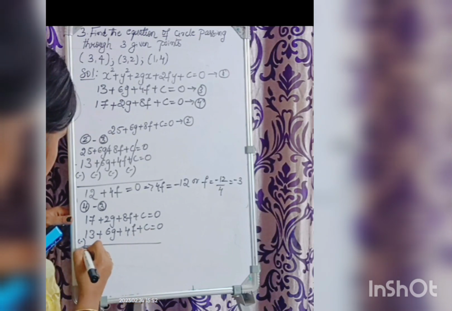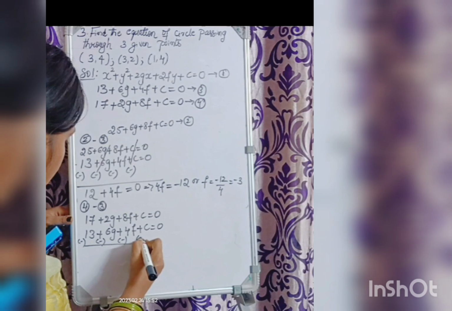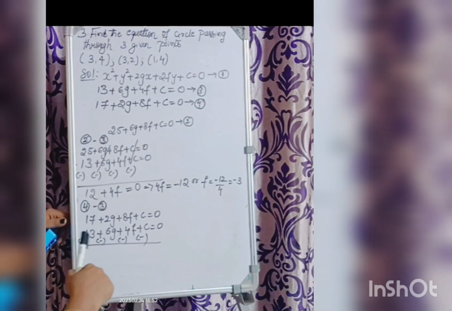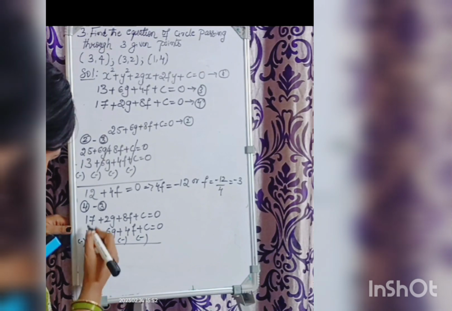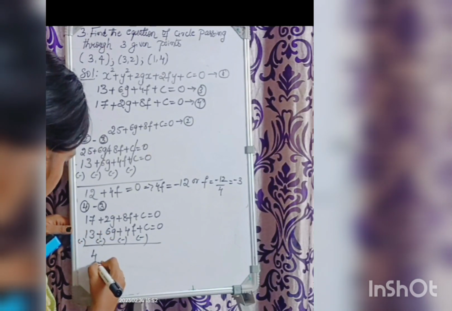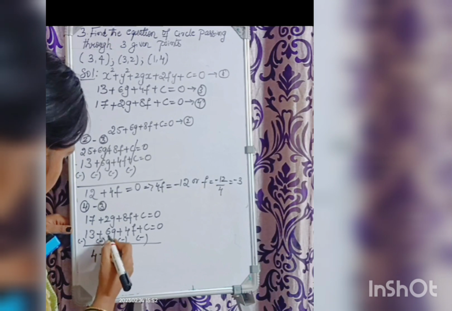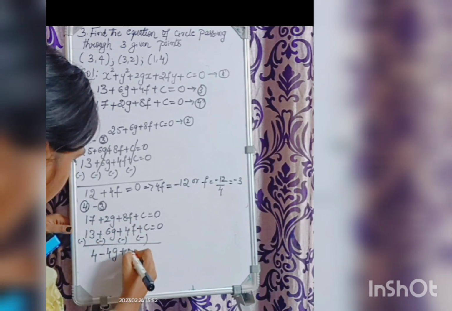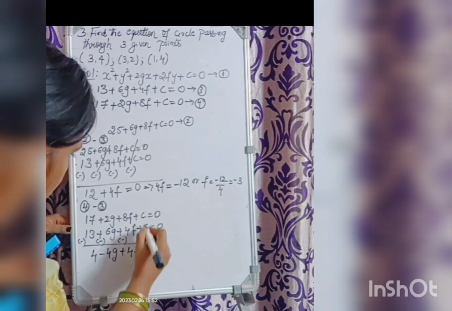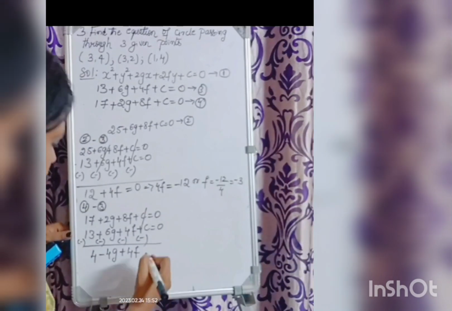Again, simultaneous equation method, just interchange the signs. Now here, what you'll get is 17 minus 13 is just 4. So minus is the bigger sign here. 2 minus 6 is minus 4g, plus 4f. The c will anyway get cancelled.